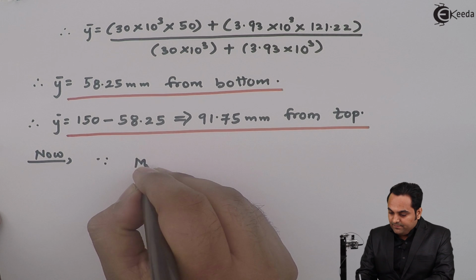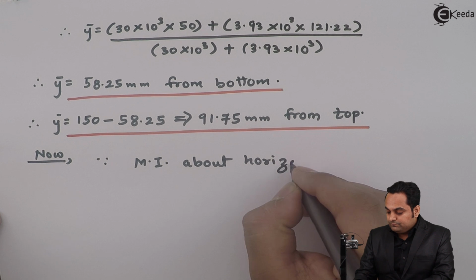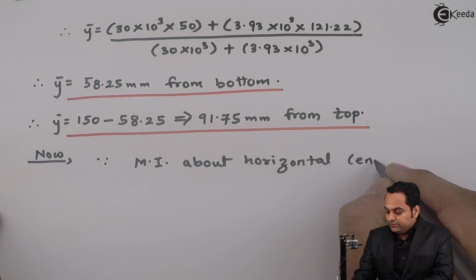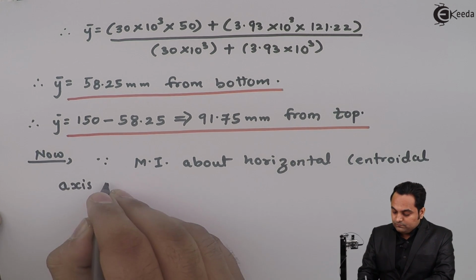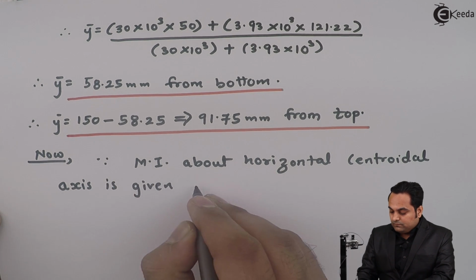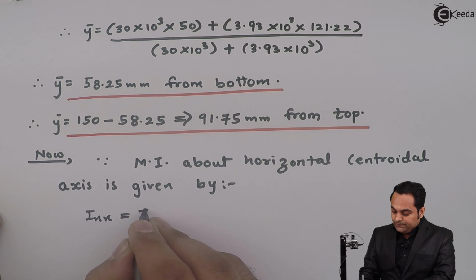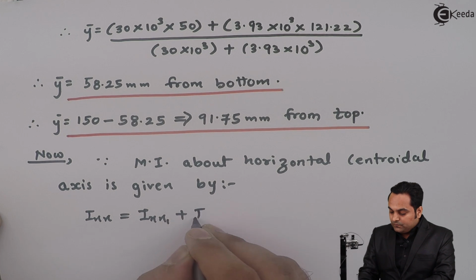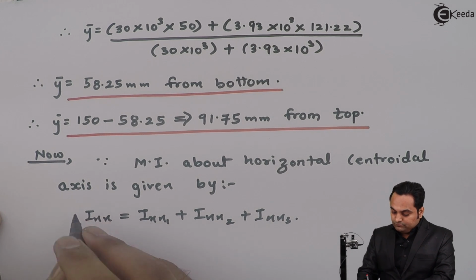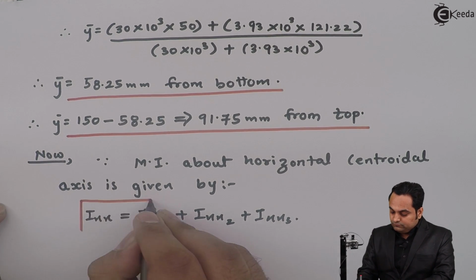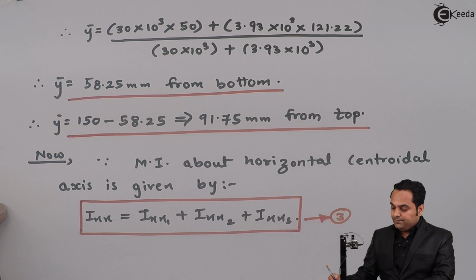Since MI about horizontal centroidal axis is given by Ixx is equal to Ixx1 plus Ixx2 plus Ixx3. This will be equation number 3.